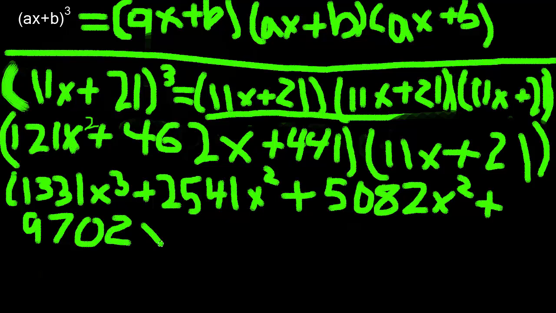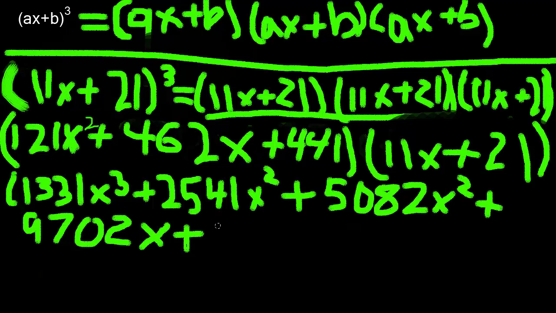To x. And then finally, we have two more here. We got to multiply 441 times 11x and 441 times 21, once our lag decides to finish. And here we are.